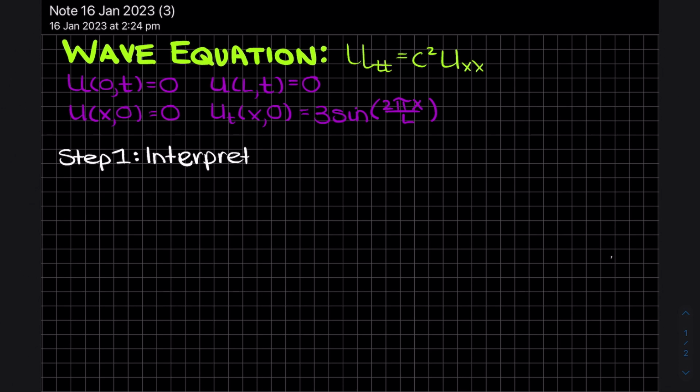All that means is that these here aren't derivatives, so this is our boundary conditions, and these are our initial conditions here. So the Dirichlet boundary conditions just means we don't have derivatives here.